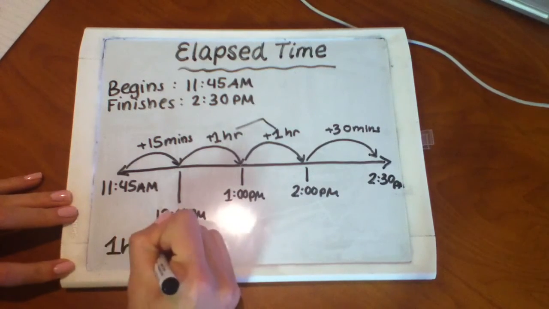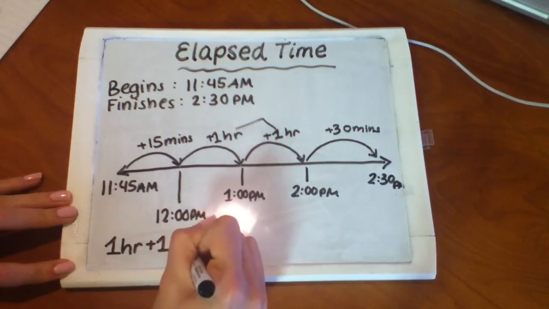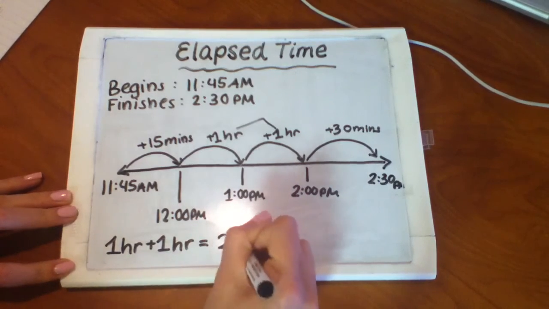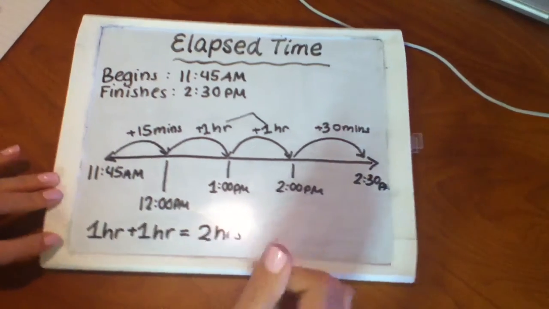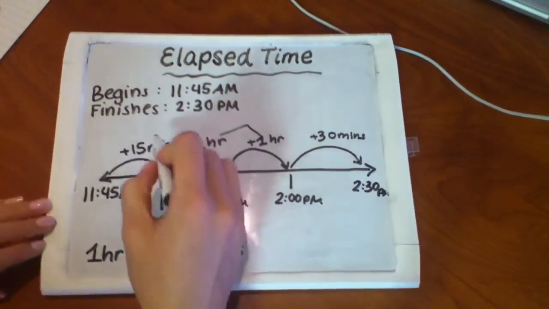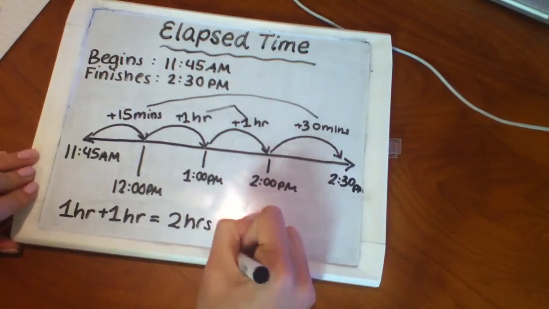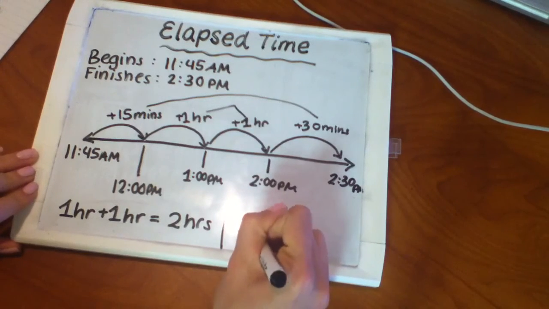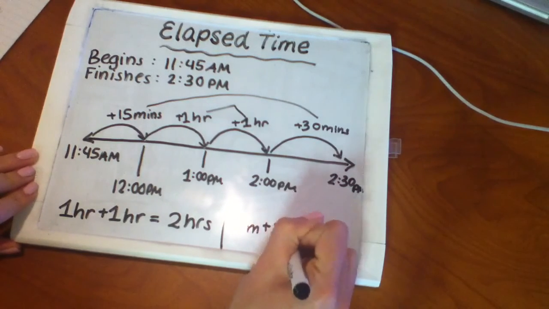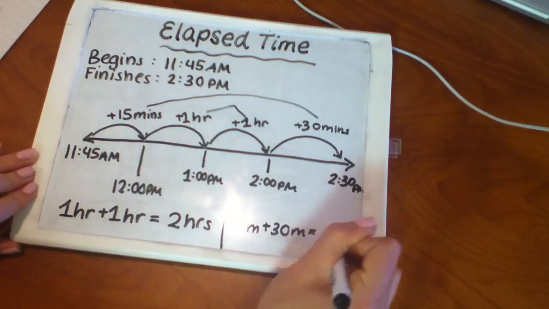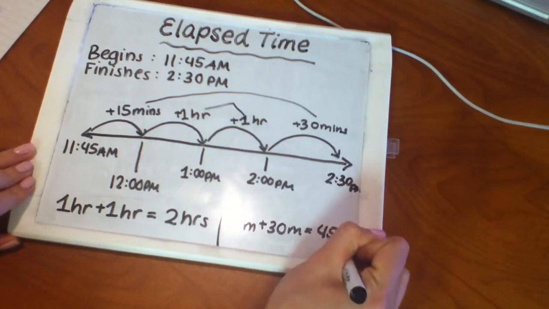So 1 hour plus 1 hour equals 2 hours. And then if we also do 15 minutes plus 30 minutes, that equals 45 minutes.